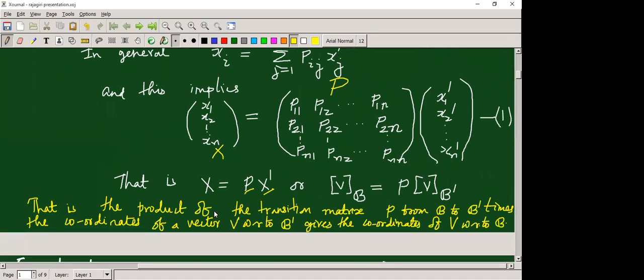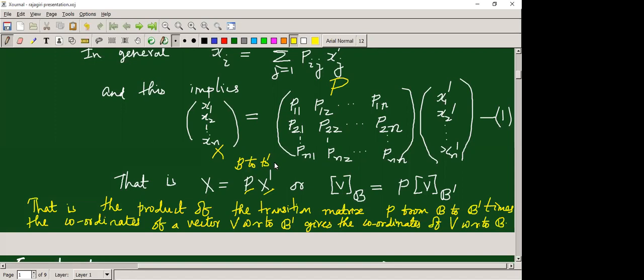So the product of the transition matrix P from B to B dash times the coordinates of a vector V with respect to B dash gives the coordinates of V with respect to B. So this is the transition matrix from B to B dash. How do we obtain it?